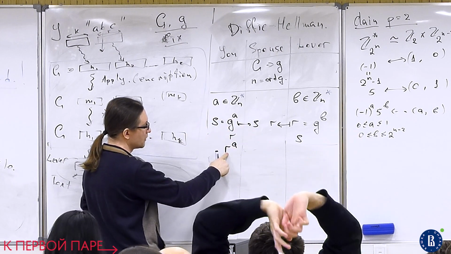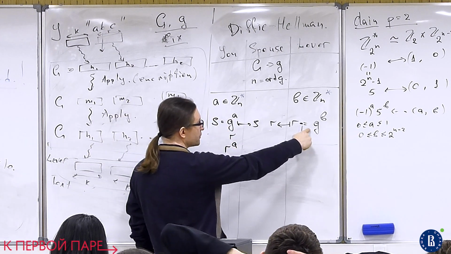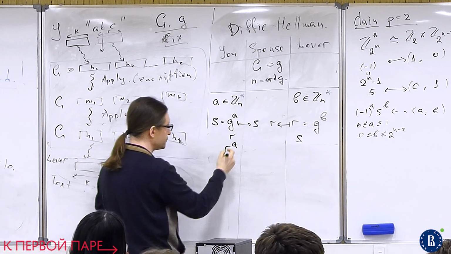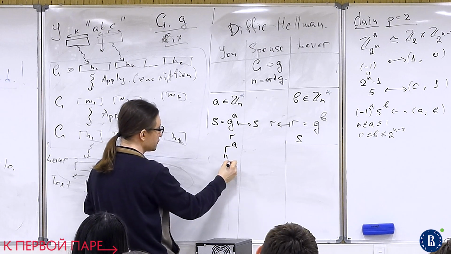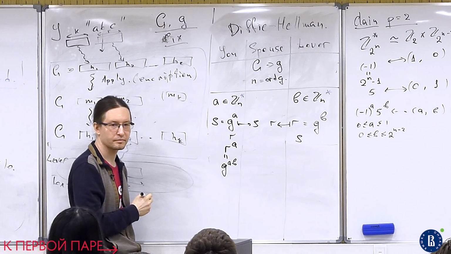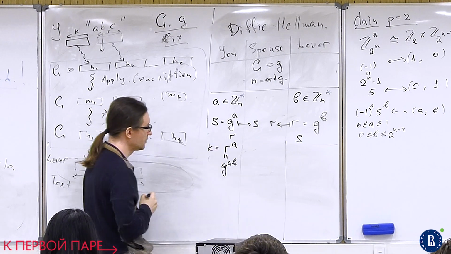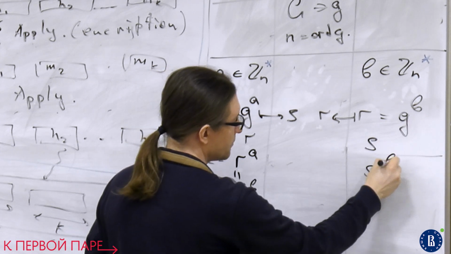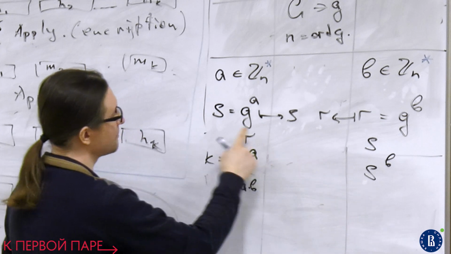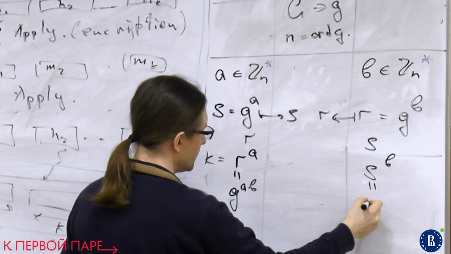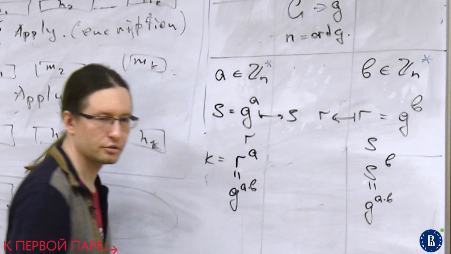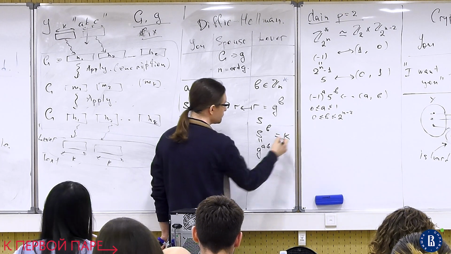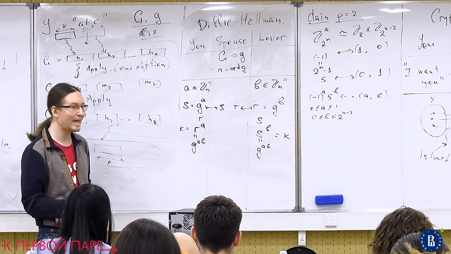We know that R is an element of the form G to the B. We don't know the element B, but we know it must be of the form G to the B. So the result will be G to the A times B. And in this case, we take S and raise it to the power of B. And again, since we know that S must be of the form G to the A, this element is also in the form G to the A times B. So that's why we can produce a common element, K.